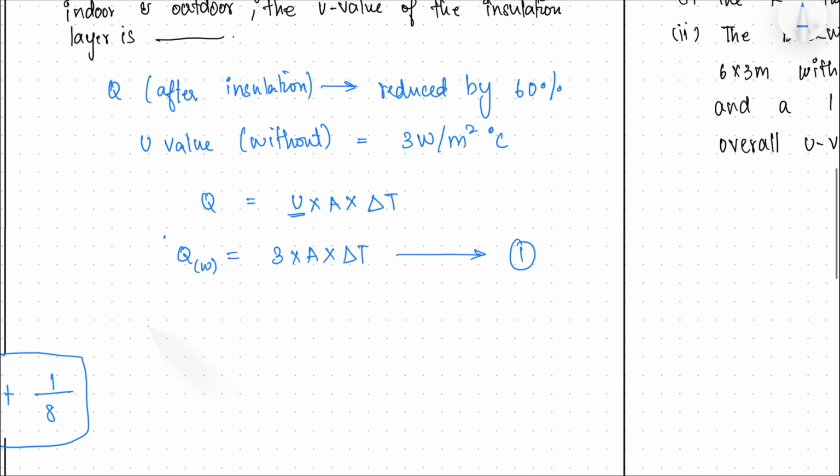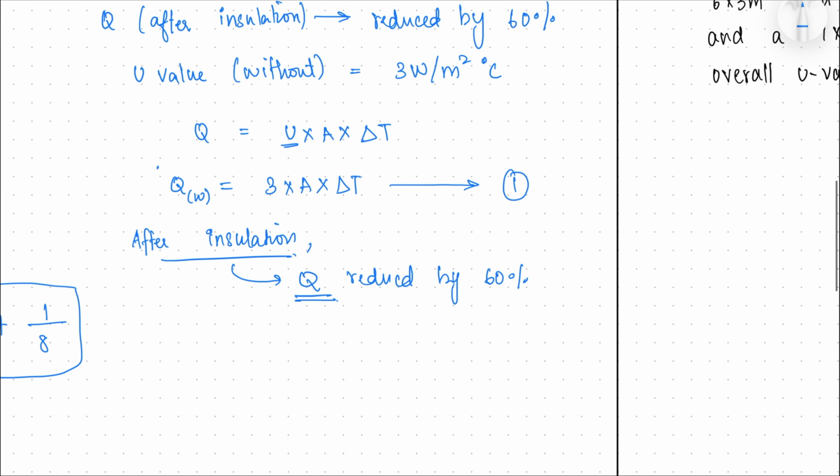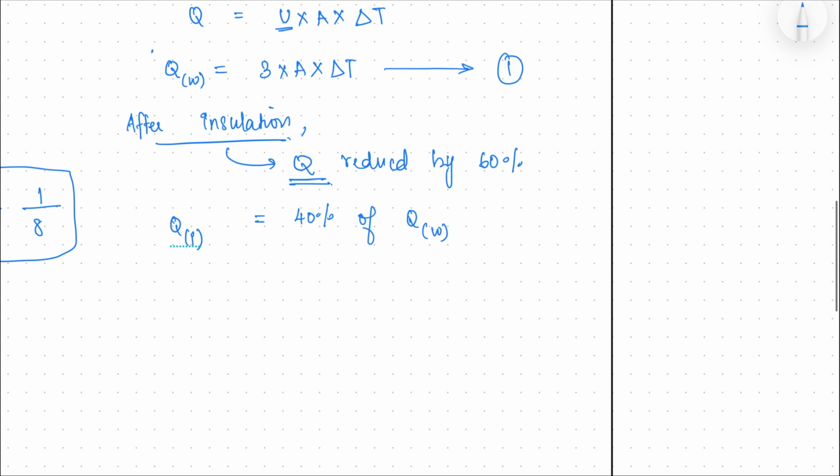And we know that after insulation, the heat gain, which is the Q, is reduced by 60%, which means it is still 40% of the original heat. So your Q after insulation would be 40% of the Q without insulation, right? Now let's put it to the formula.